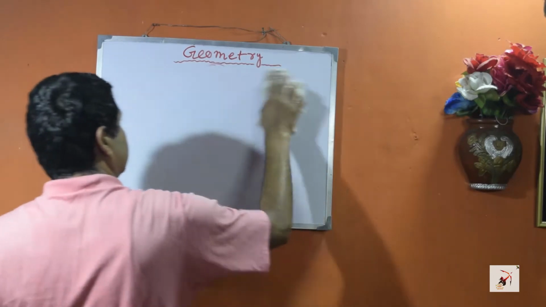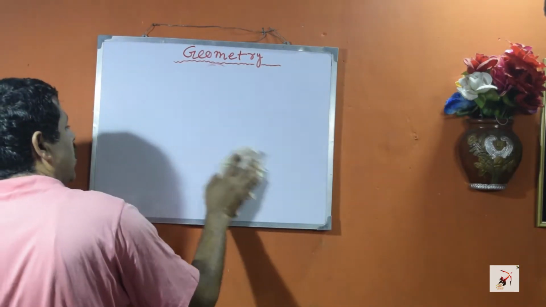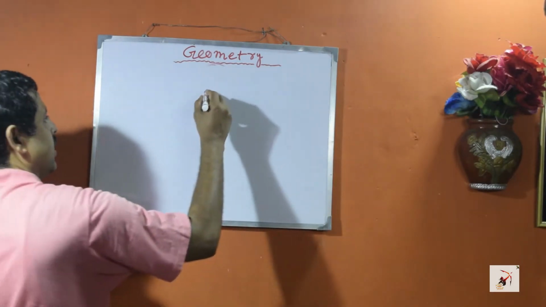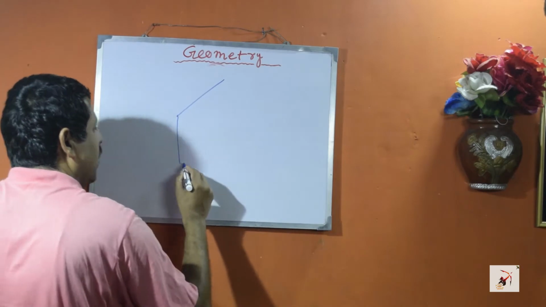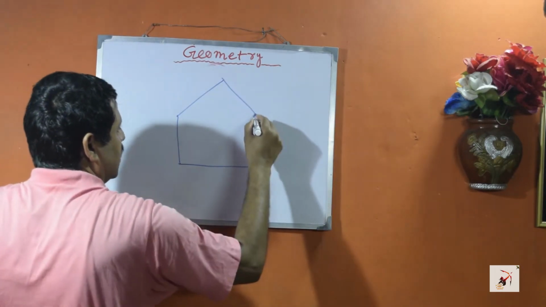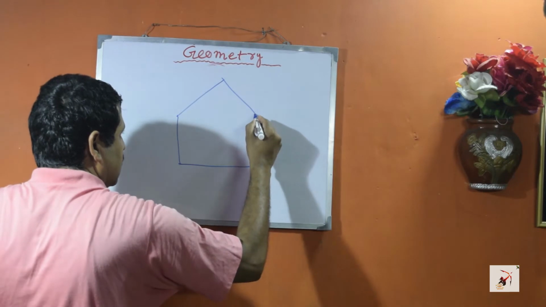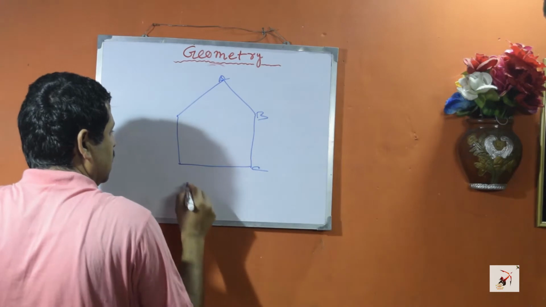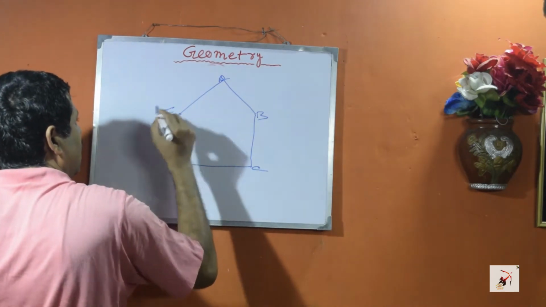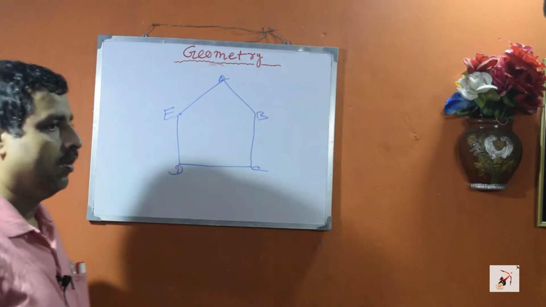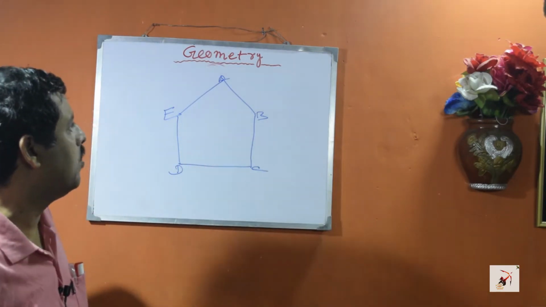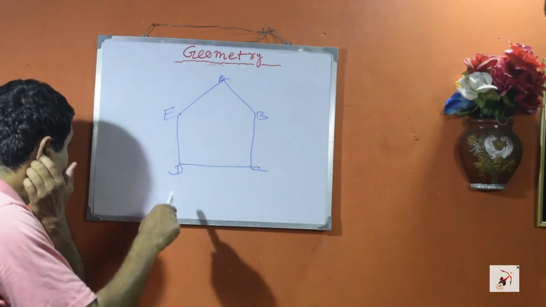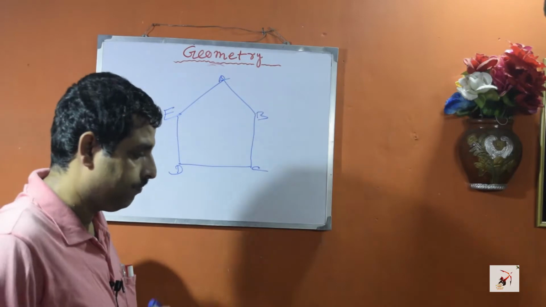Collectively, triangles and quadrilaterals are called polygons. Simply, if I take five line segments A, B, C, D, E. While naming a figure, we must note that the points should be written in clockwise or anti-clockwise direction.